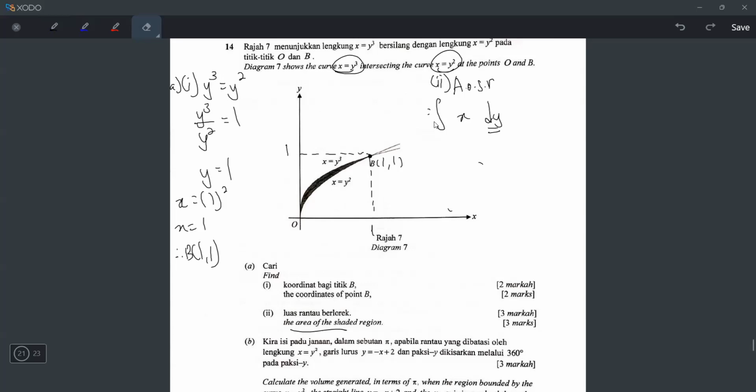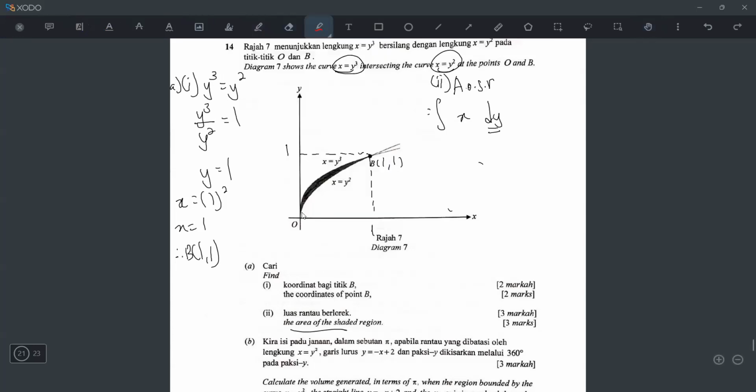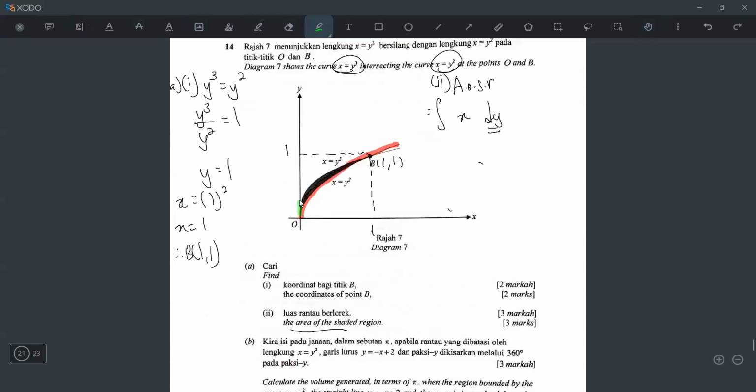So I will integrate the first curve, the one down here, because this covers a bigger area, minus this curve.